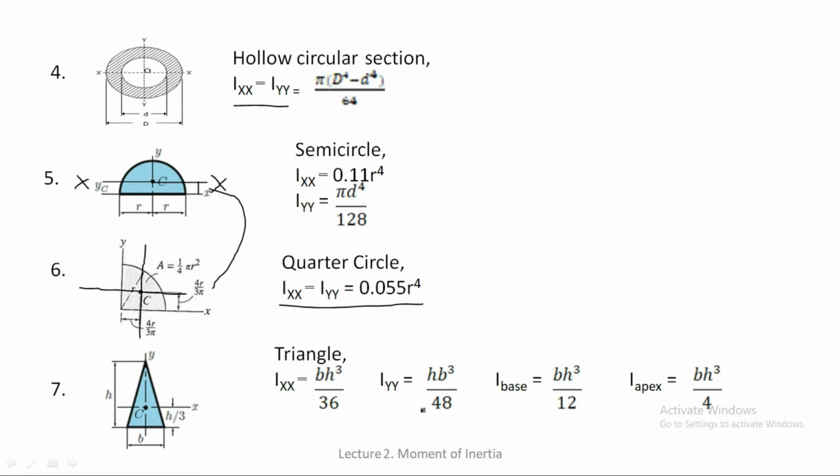But here also, for a regular triangle figure, what we have is the center of gravity lying on the vertical axis, but the distance of the center of gravity from the base, or the distance of the horizontal centroidal axis from the base, is h upon 3. What is h over here? H is the height of the triangle. And what is b? B is the base of the triangle. Okay, I think now you are clear with those formulas.